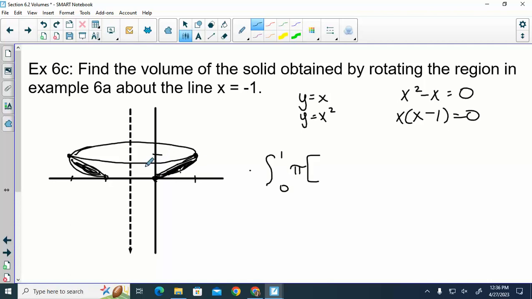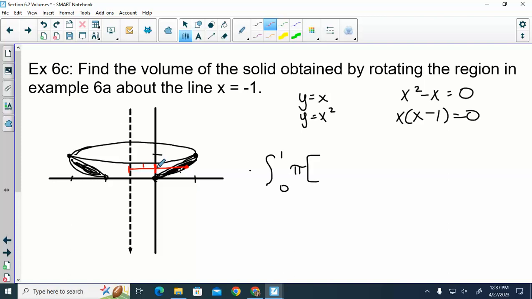Okay, then we have pi. Because there are two curves, remember we had to do the outside radius minus the inside radius. But we have to think about that more because we are not rotating around the axis. So if I'm starting here, then my radius would go all the way out to here, right? How far is it from here to here?